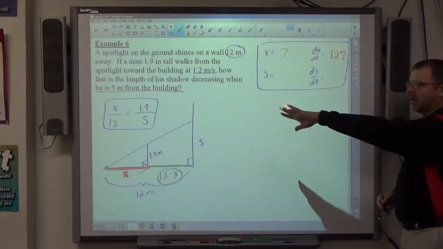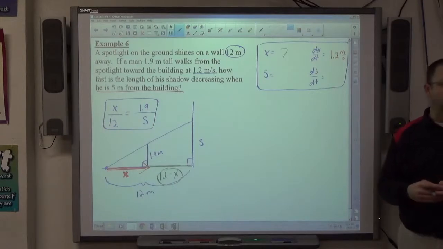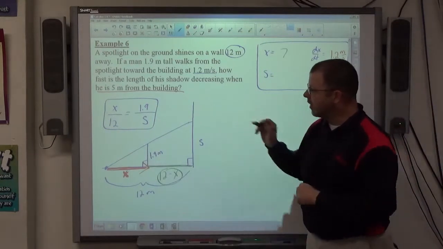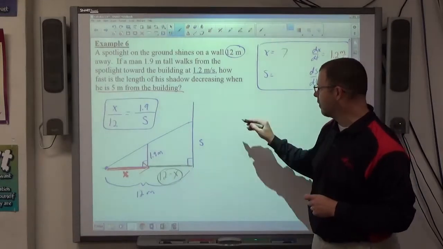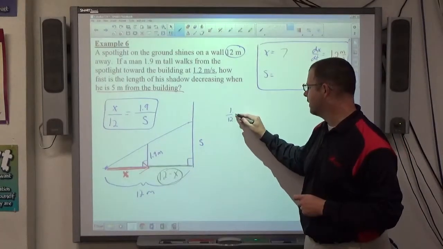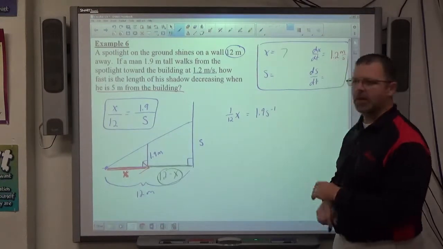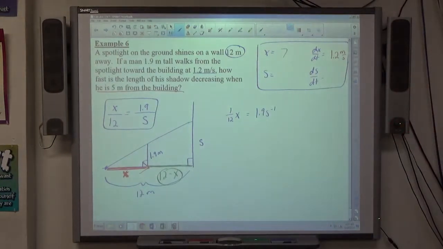Okay, and I've got a relating equation, I can go ahead and differentiate and see what happens. As far as the equation I'm going to be differentiating, I'm going to write 1/12 x equals 1.9 s to the negative first power. That's how I'm going to write it, really enforcing the fact that x is being multiplied by just a number, and s to the negative first is being multiplied by a number.